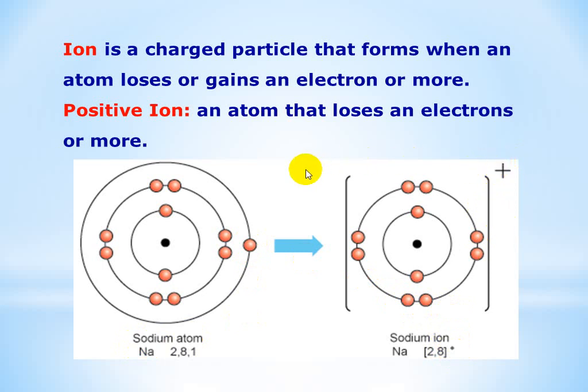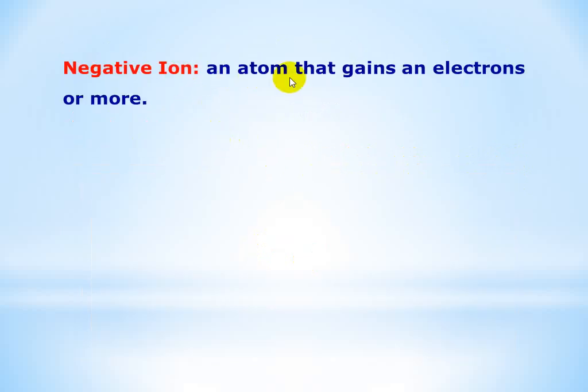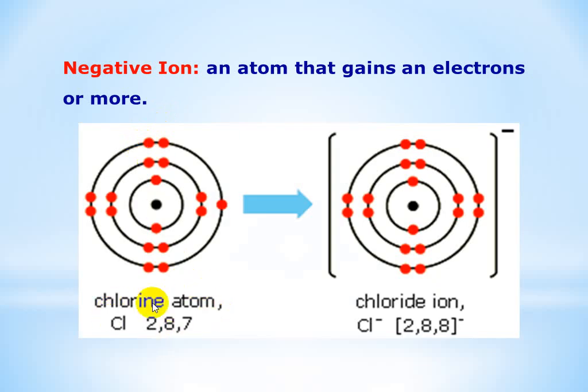The second type of ion is called negative ion, an atom that gains an electron or more. For example, here chlorine. Chlorine has 2 electrons in the first energy level, 8, and the last energy level has 7 electrons. So it tends to complete its outermost energy level with 8 electrons, so it gains 1 electron.